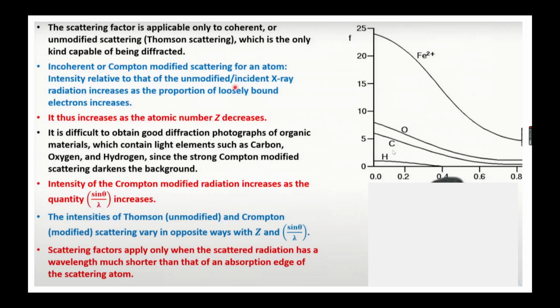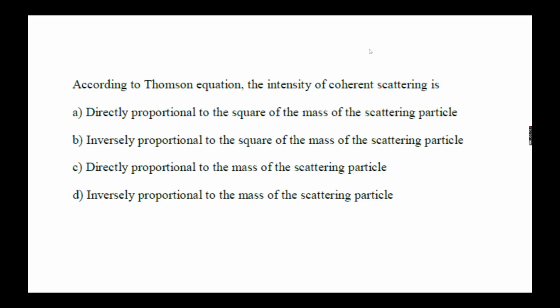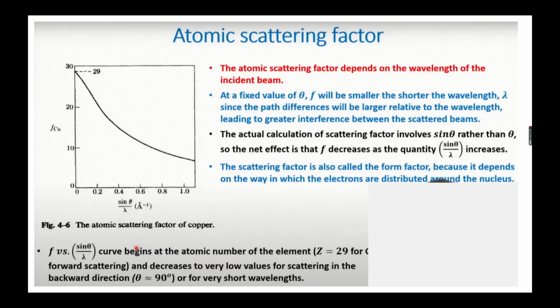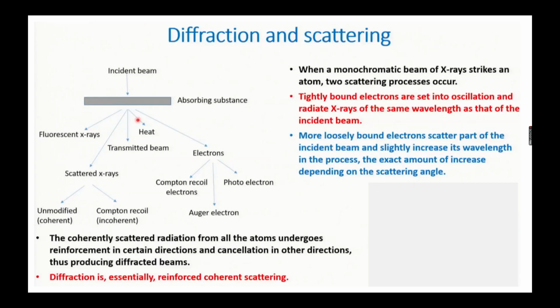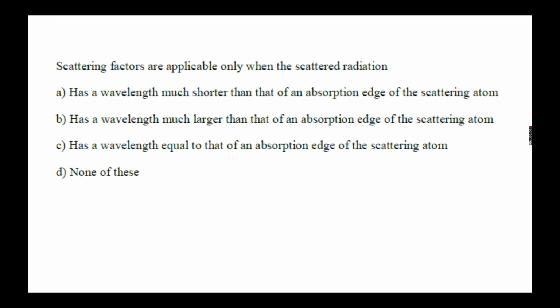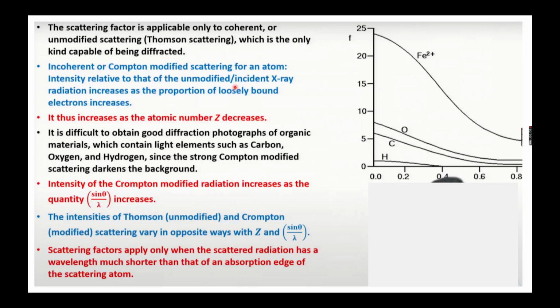This gives the relation which I showed you in the last slide also, somewhere here. It is the same thing for different elements. So you will get to know why scattering factors apply when the scattered radiation has a wavelength shorter than that of the absorption edge of the scattering atom.